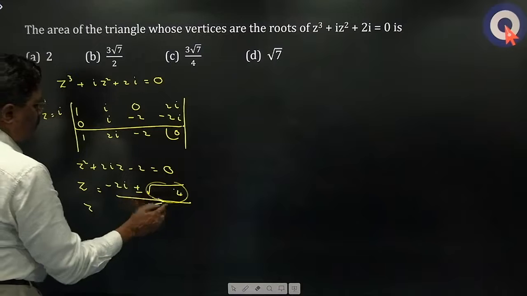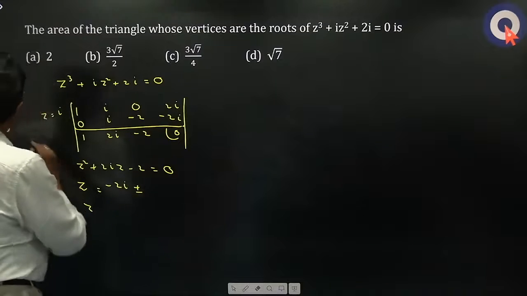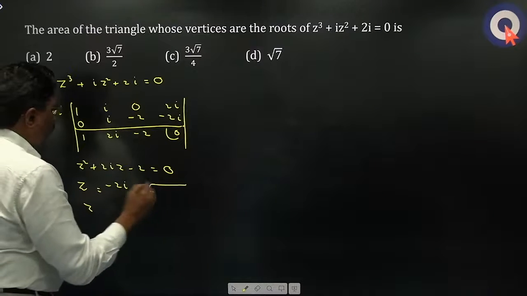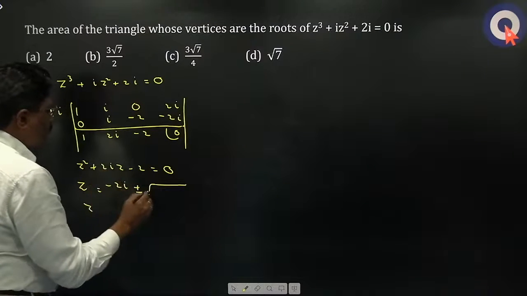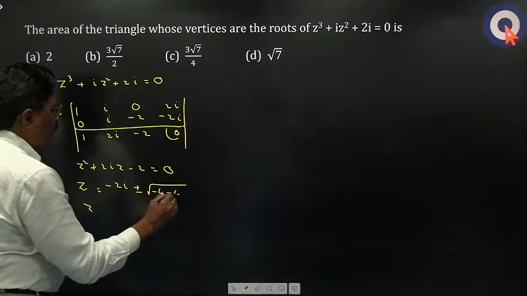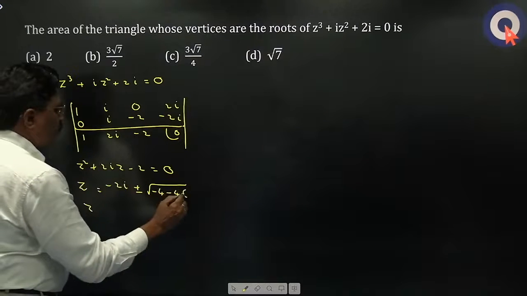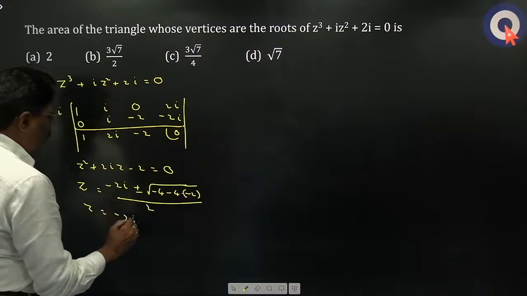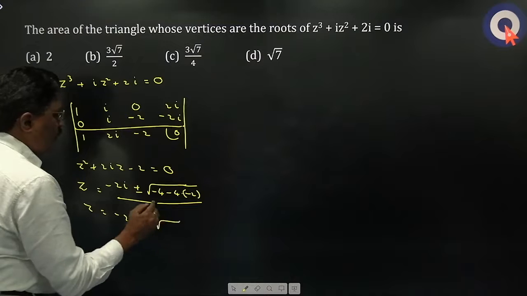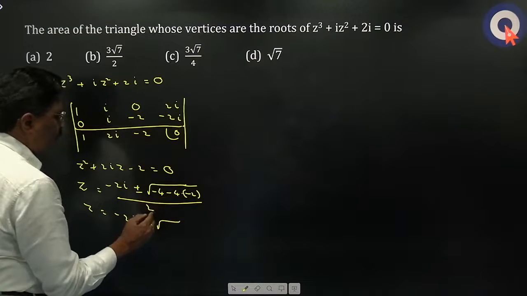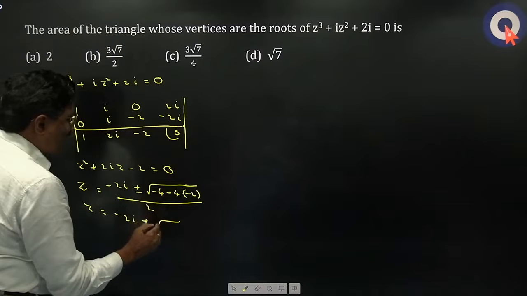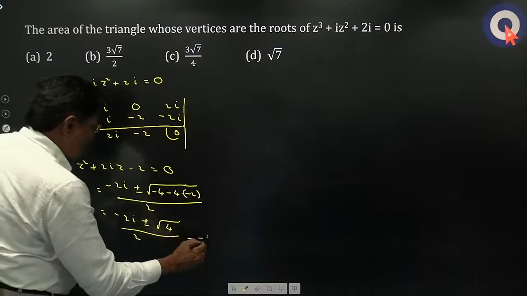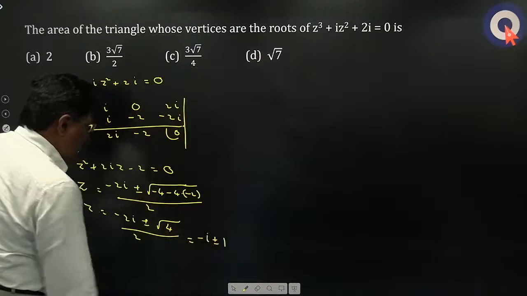Just a second. So minus 2i plus or minus root of b square, which is 4i square, which is minus 4, minus 4ac is minus 2, by 2a. So this is minus 2i plus or minus root of 8 plus 4. Sorry, 8 minus 4. You get 4 here by 2. All right. So this is minus i plus or minus 1, right?